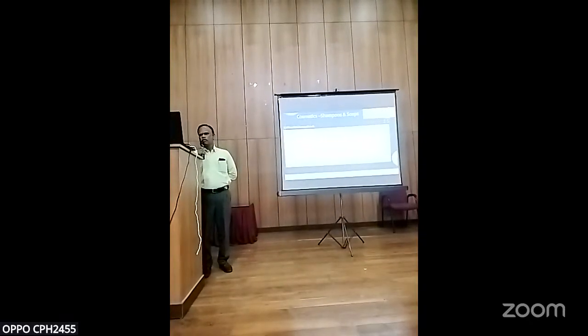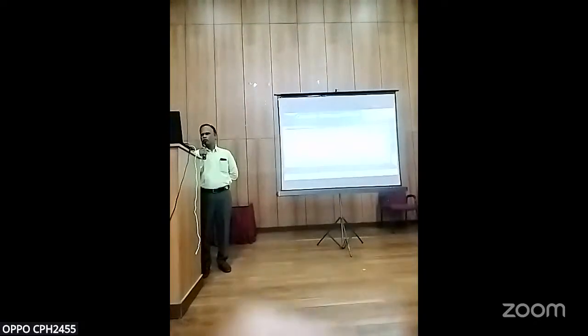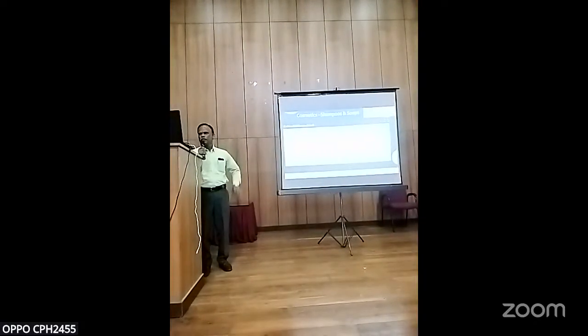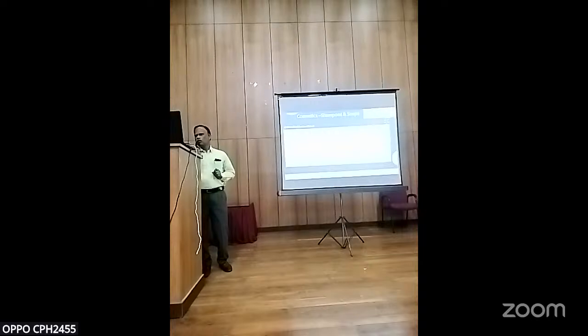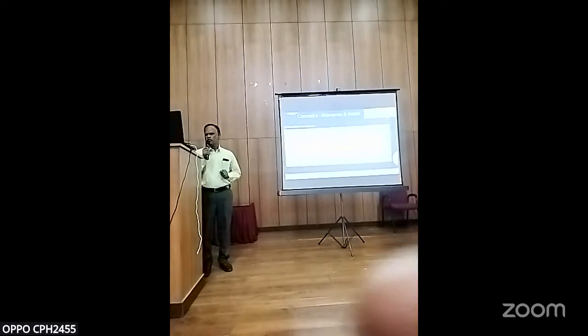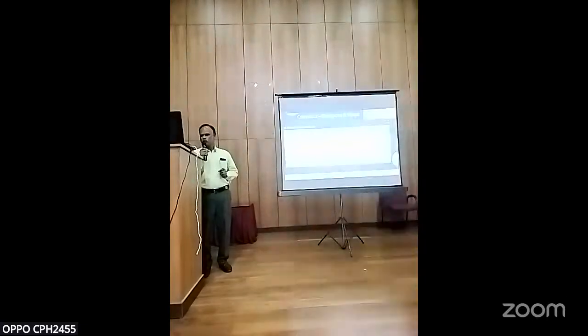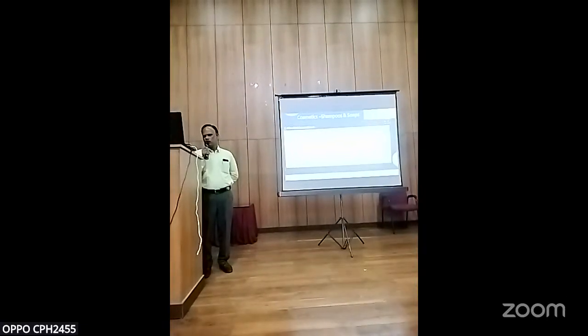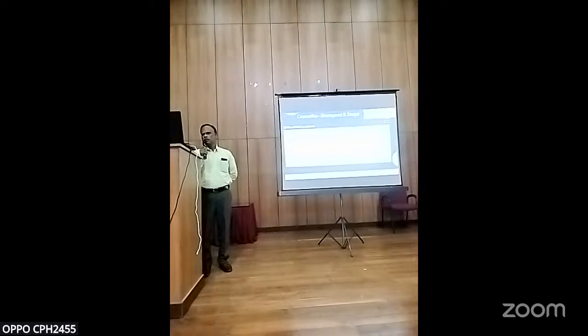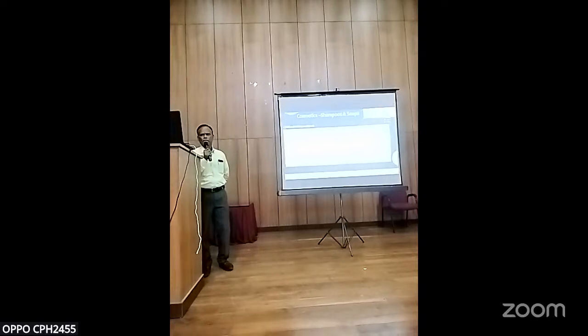IS 14648 we are using. Pseudomonas also has to be negative. It should be negative by using this method 14648. Staphylococcus, this should also be negative. To perform this IS 14648 we are using. Candida albicans, this also should be negative. This test is done by IS 14648.